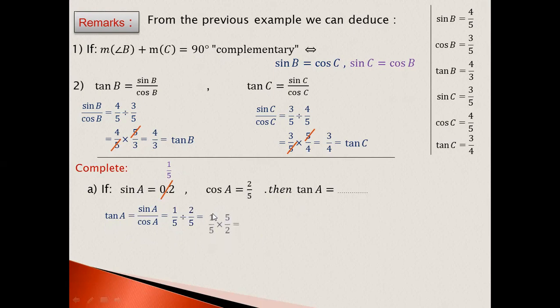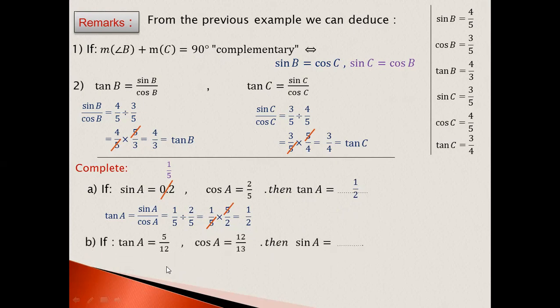We can keep the first fraction 1 over 5 and then change the divide sign into a multiplication sign and then get the reciprocal of the second fraction. 2 over 5, its reciprocal is 5 over 2. We can divide by 5 up and down. It's going to be 1 and 1, and the final result is going to be 1 over 2. So tan of the angle A equals 1 over 2.